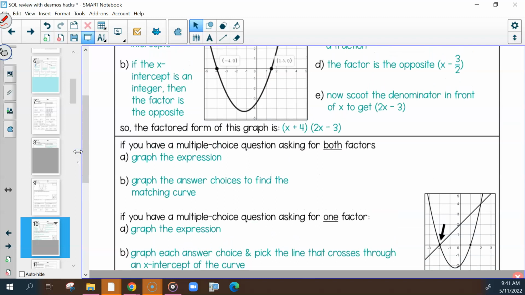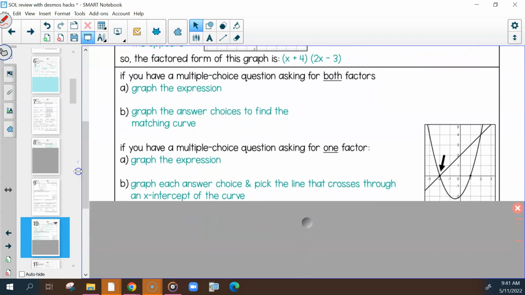Oh, okay. Who's still writing this bottom part?